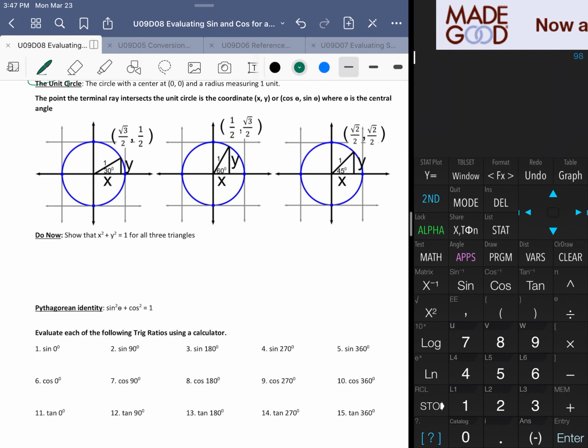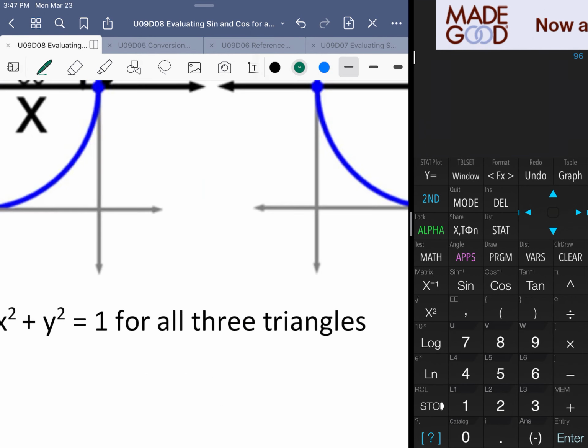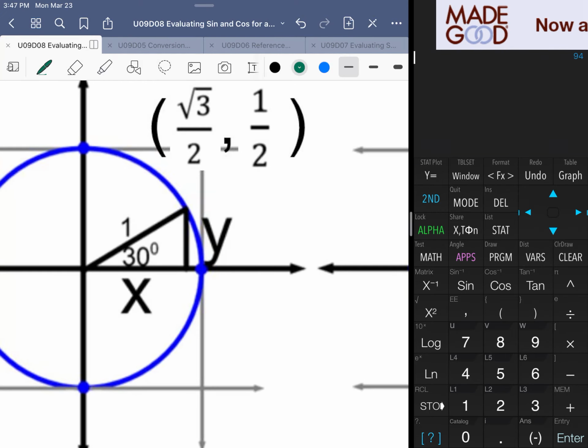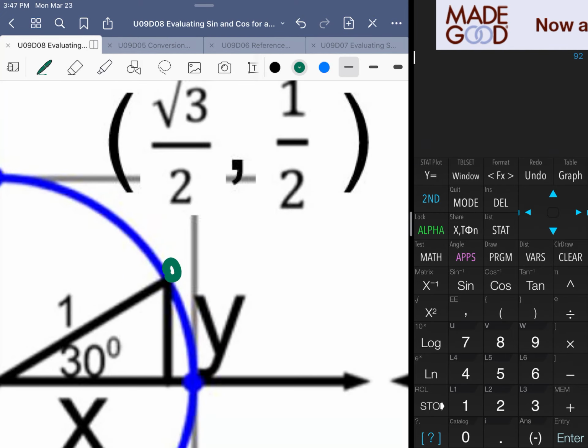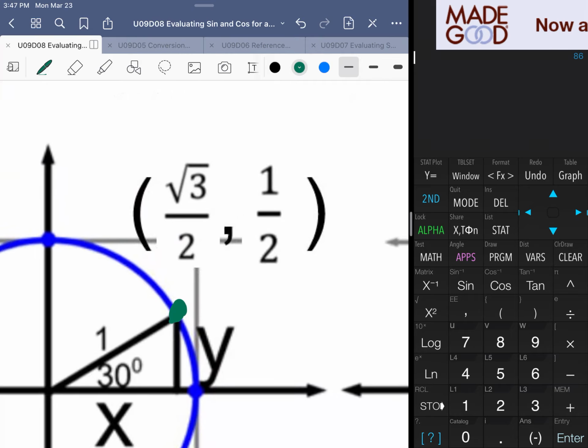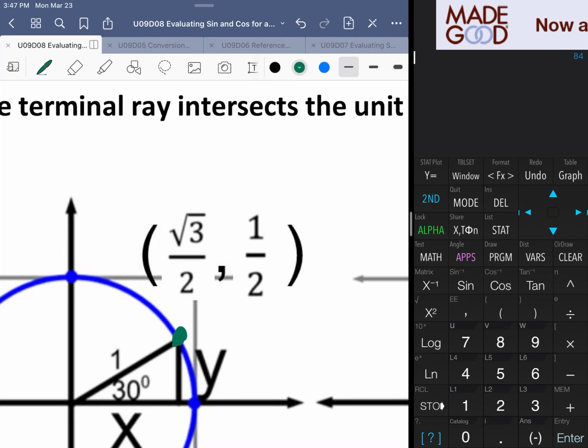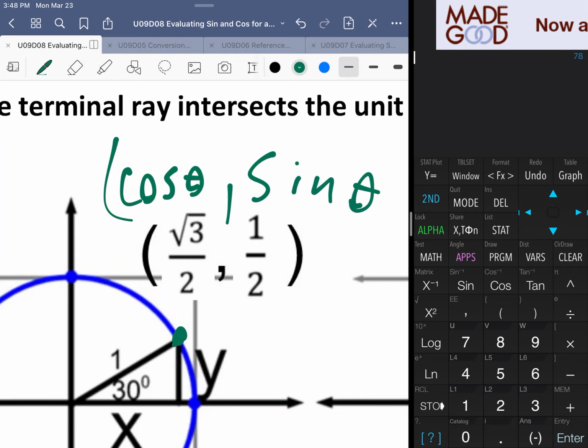You'll notice that x and y, as we said before, are the coordinates where the terminal side intersects the unit circle, and x is also known as the cosine of theta, and y is the sine of theta. This is going to be very important for today's lesson.